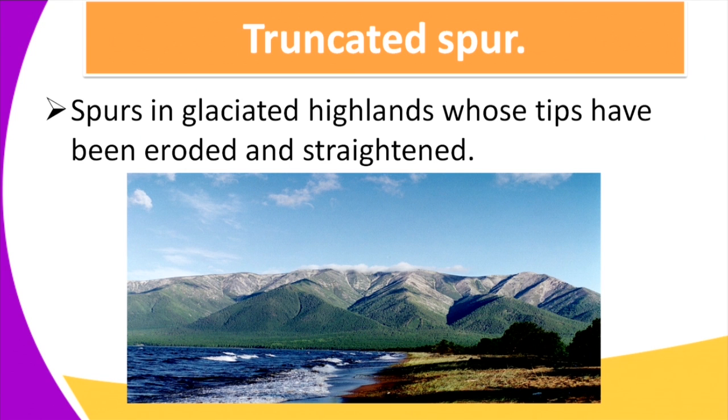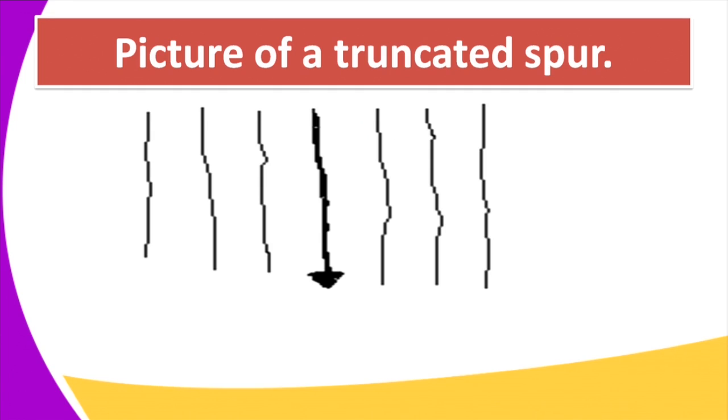On this image below, when you look at the slopes of these highlands, they have been steepened at some point. Some of the slopes stretch almost the same. They are even; they do not bend at the contour lines. So you will know that this is a truncated spur.